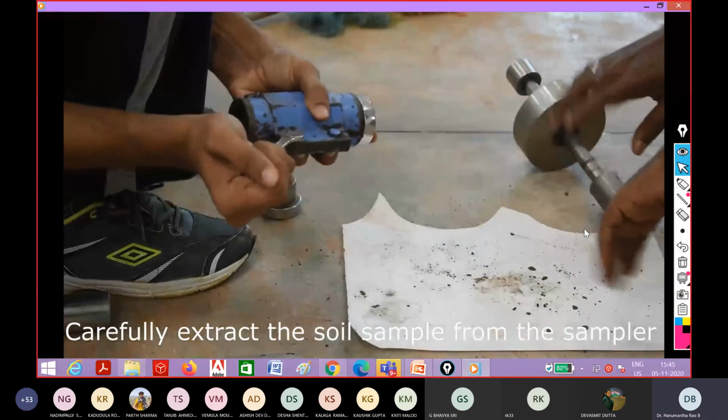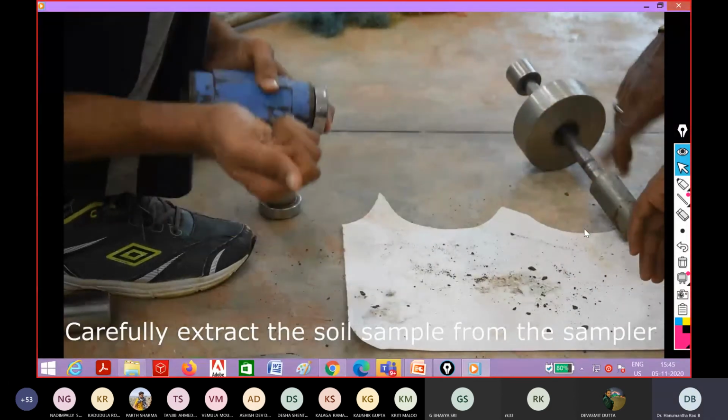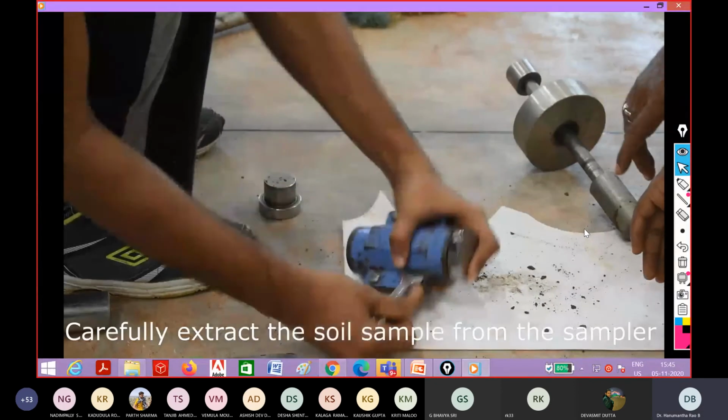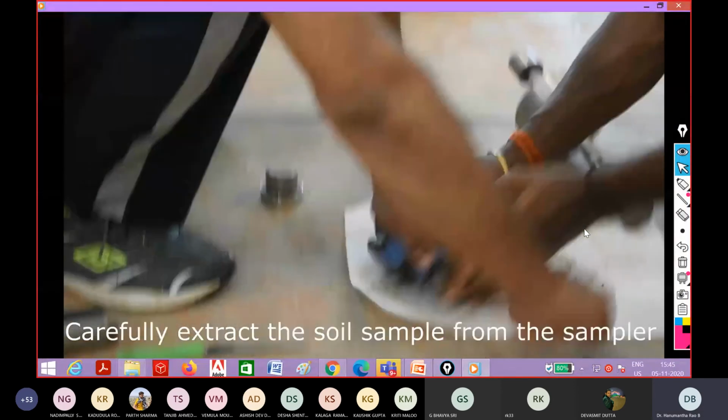But when you are unscrewing, you need to be very careful, because during the removal of the soil sample there should not be any breakage.